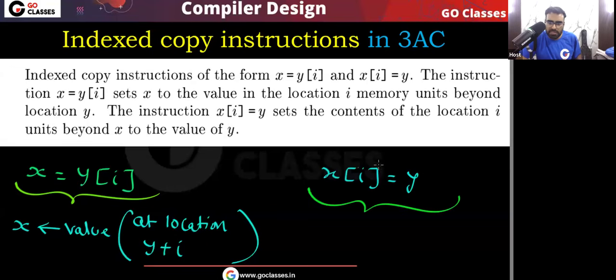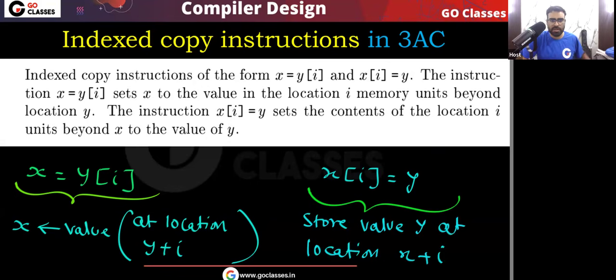Okay, remember this x[i], basically this is a location, which location? x plus i. At that location we need to put the value y. Okay, so please understand, it means store value y at location x plus i. This is the meaning. I hope you understood.